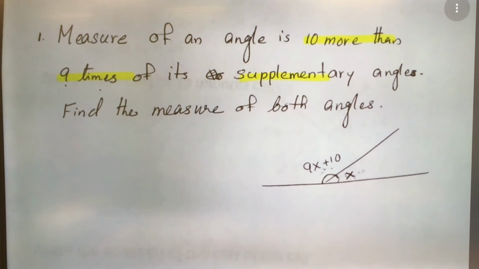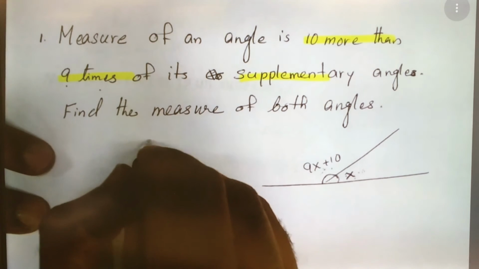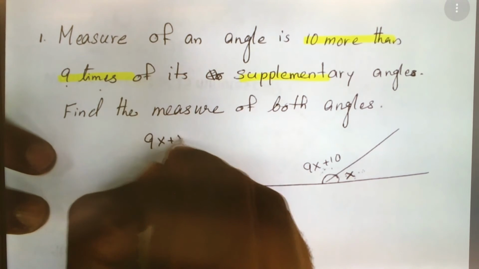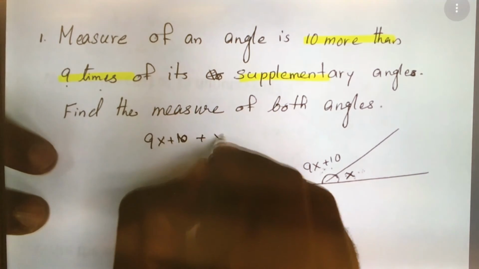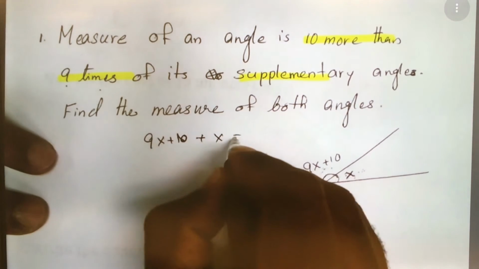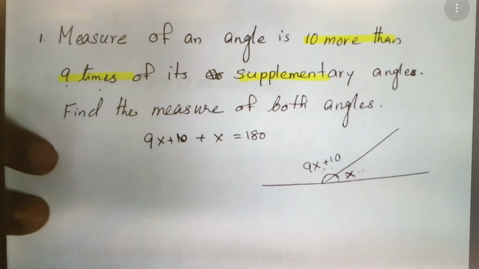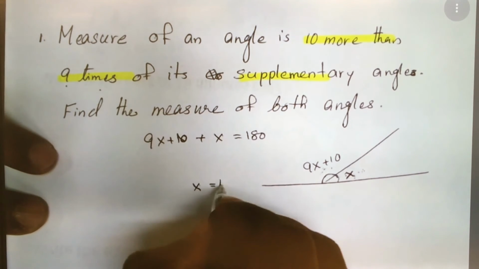Now I have the expression for both angles. Since they are supplementary, they add up to 180. So the first angle is 9x plus 10 plus the second angle x, equal to 180. You can solve it by yourself. When you solve it, you get x is equal to 17.